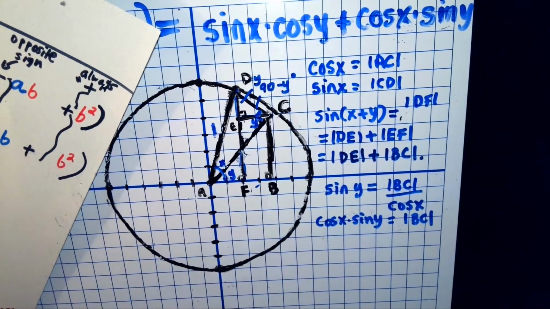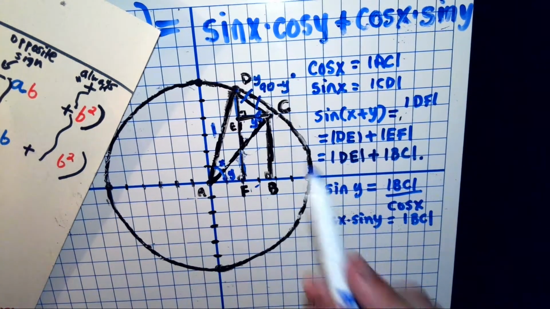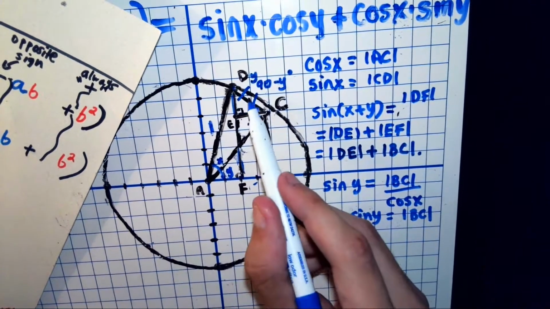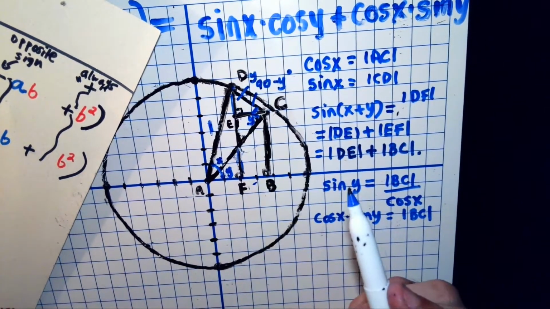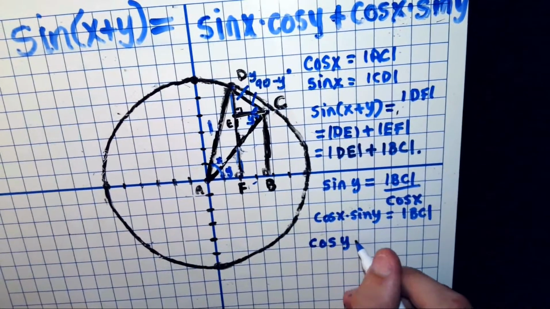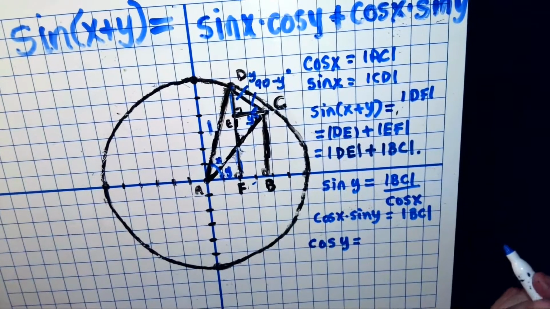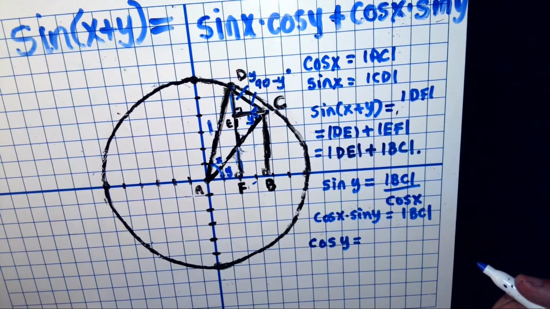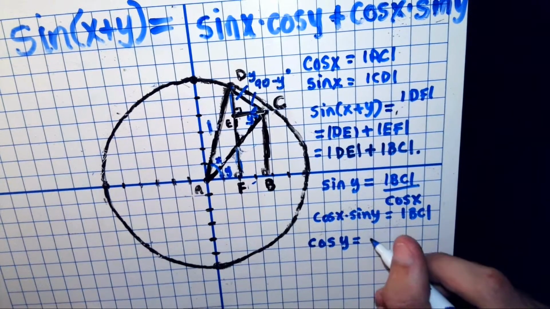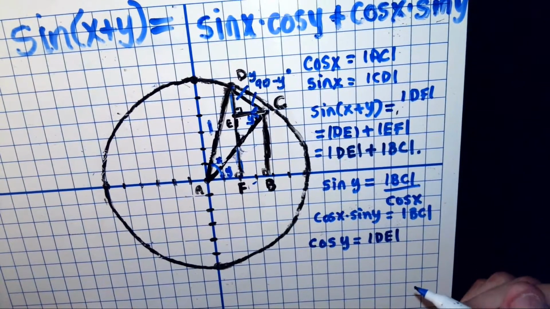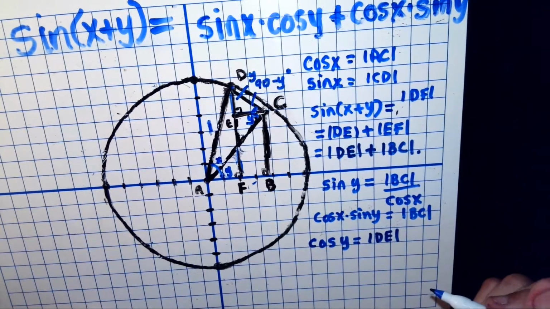The next thing we'll want to do is look at the triangle CDE. Note that triangle CDE has that angle y in it now. So we're going to take the cosine of y in that right triangle, which is adjacent over hypotenuse. The adjacent side is DE, and the hypotenuse is CD.